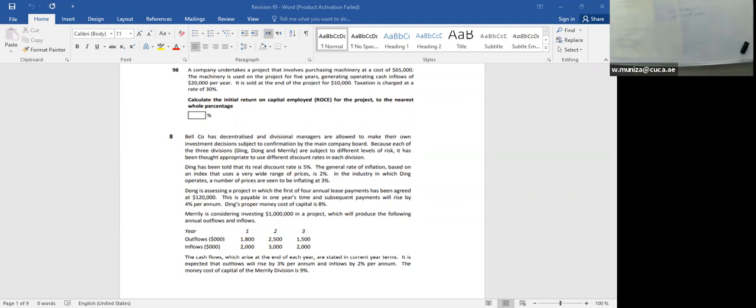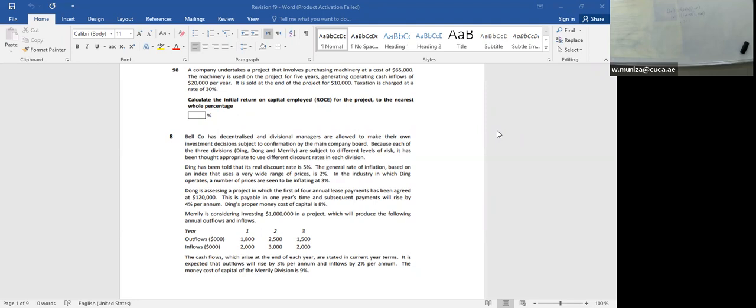Now, in part B, we are not done with part B. What is the present value of Dong's last payment that will be made in 4 years' time? For Dong, Angelica, in the third paragraph of the question, you can see it starting from here. Dong is assessing a project in which the cost of 4 annual lease payments has been agreed at 120,000.